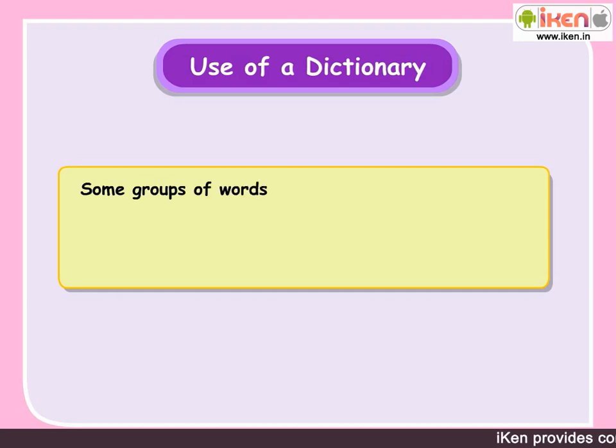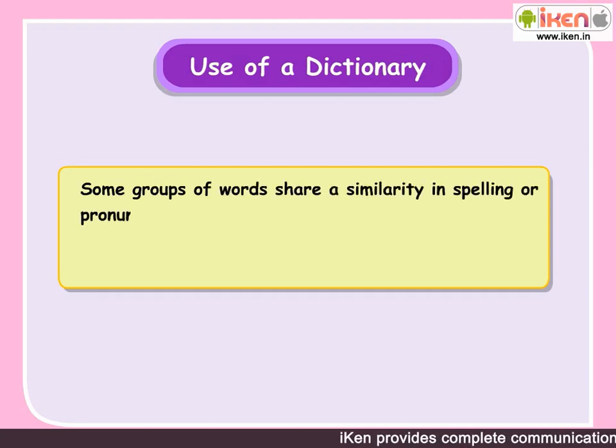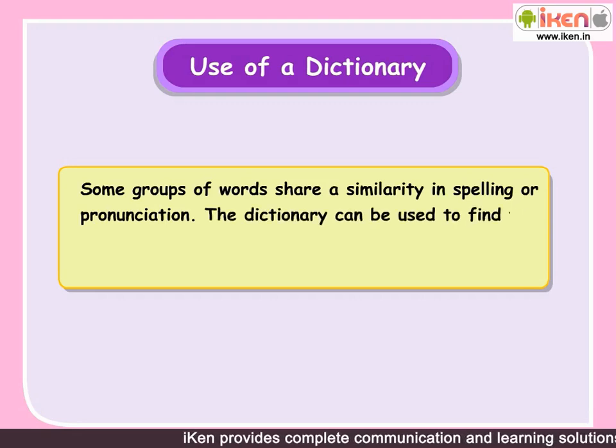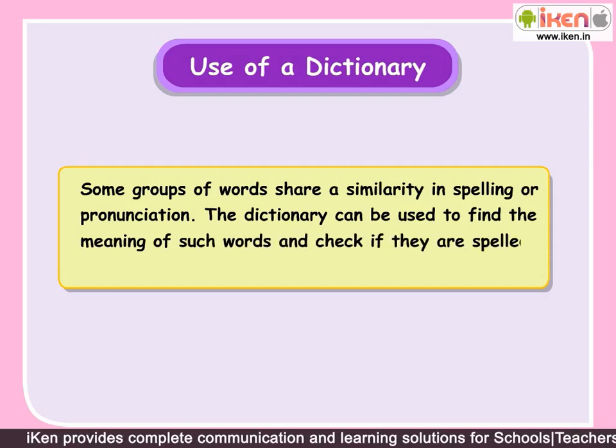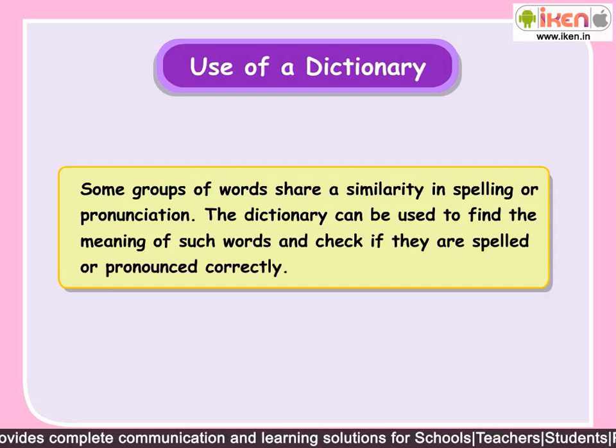Some groups of words share a similarity in spelling or pronunciation. The dictionary can be used to find the meaning of such words and check if they are spelled or pronounced correctly.